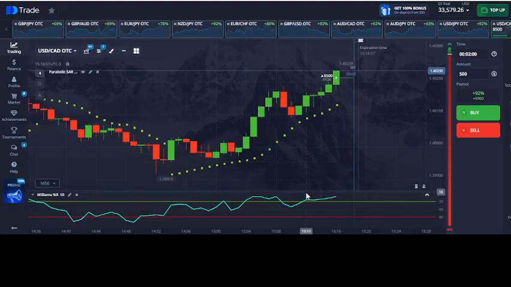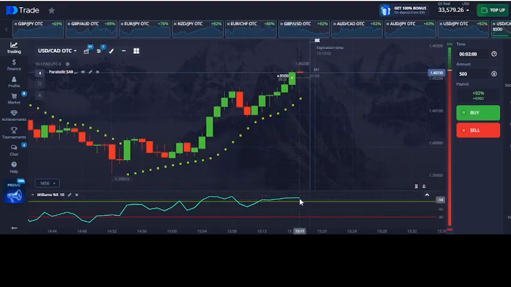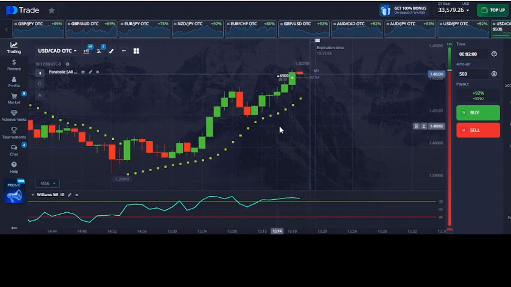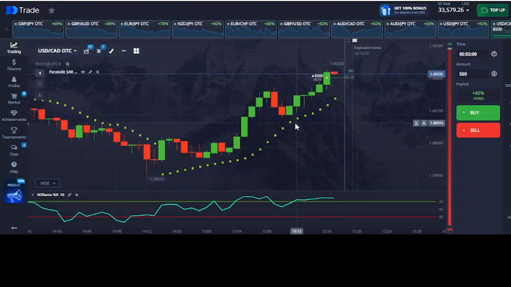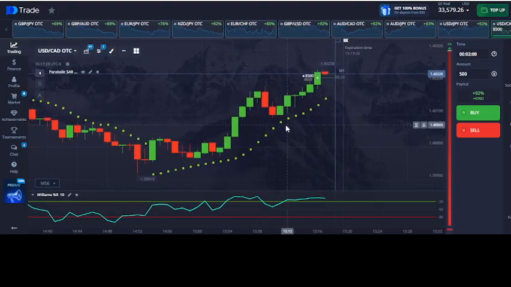Secondly, the Williams percent R line has crossed over the green 20 line in an upward direction. Thirdly, the parabolic SAR dots continue to print below the candles here. So all these three confirmations suggest a continued bullish movement to the upside in the price of US dollar, Canadian dollar over the next couple of minutes, 2 minutes. So let's monitor this trade and wait for the expiration.